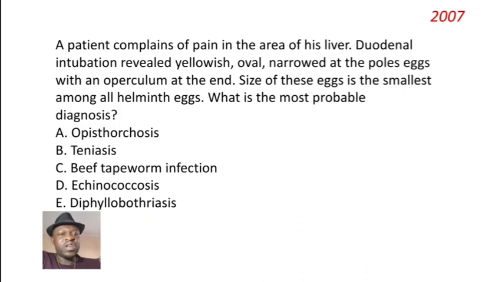And Opisthorchis sinensis, among the helminths, is the one with the smallest eggs. So here are your keywords: operculum and smallest eggs among the helminths. The name of the disease is opisthorchosis. The parasite is Opisthorchis sinensis, or the Chinese liver fluke.